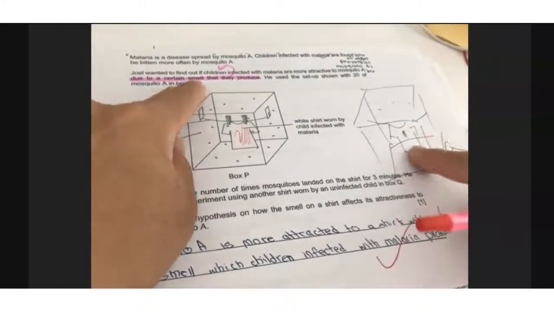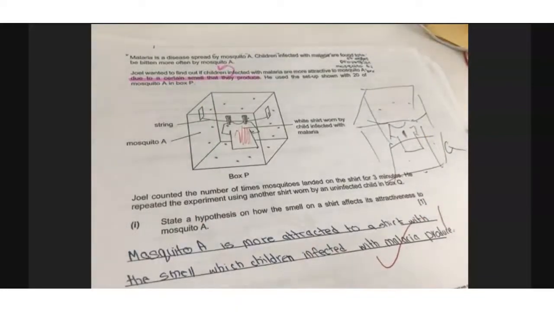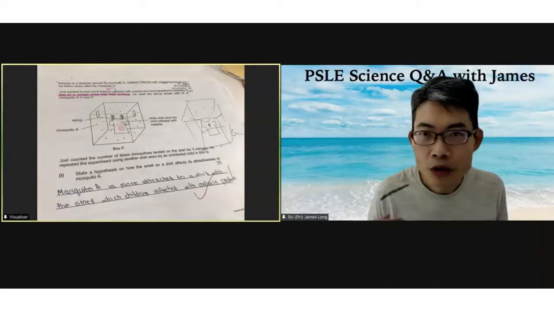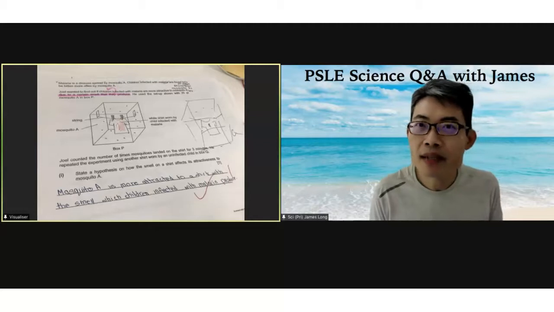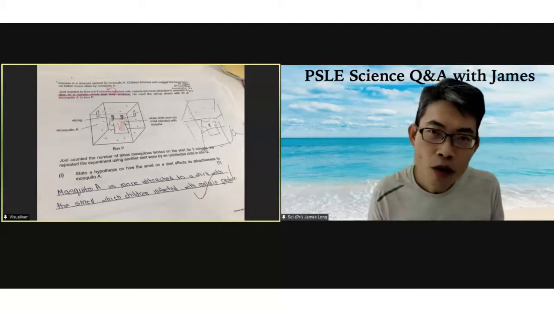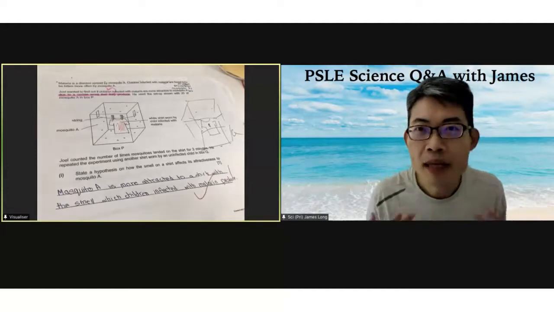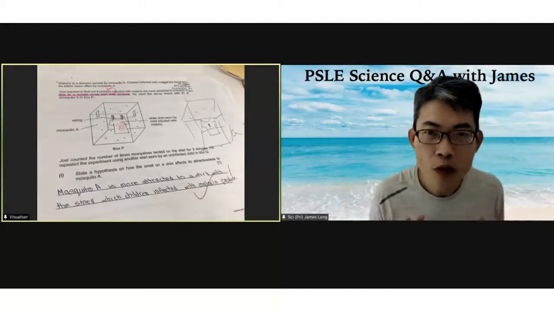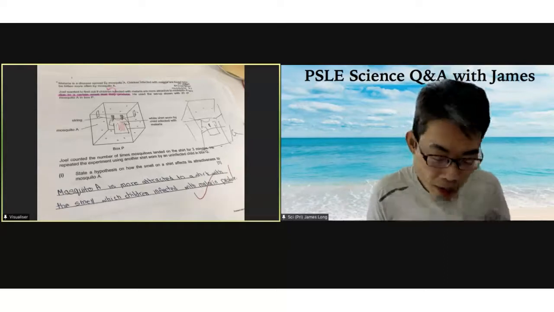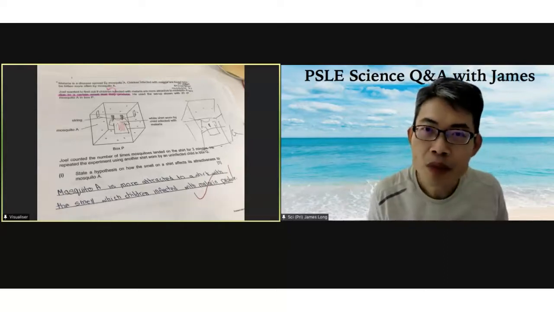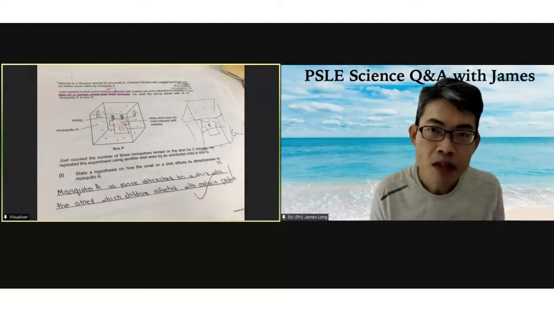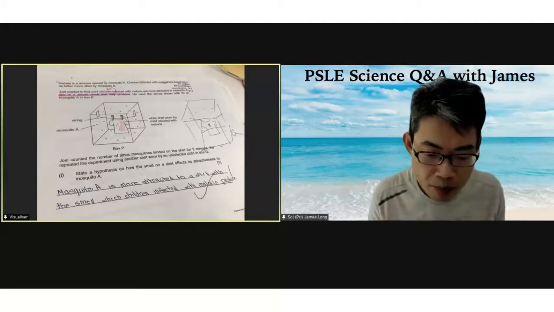Since the child who wore this shirt doesn't have malaria, this shirt will not be smeared with the sweat or have the smell on it. You know, sometimes smell can get onto clothes, like how you eat durians and then the durian smell lingers in your home, on your refrigerator, or eat some mala hot pot and then the smell of the food will get onto your clothes for a couple of hours. You just smell mushrooms and all that. So that's what I mean by the smell. The mosquito is attracted to the smell.